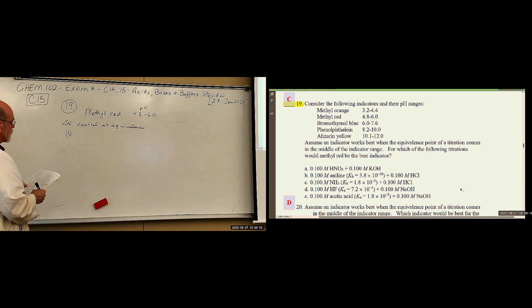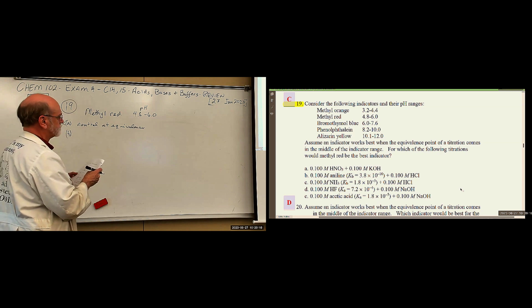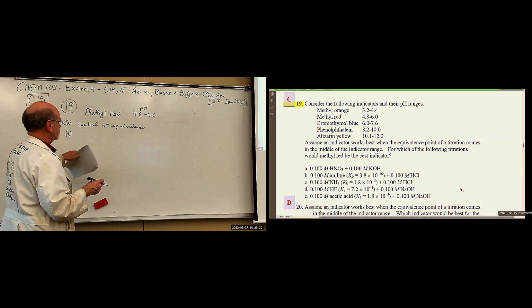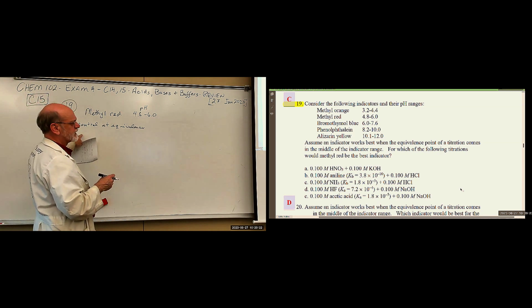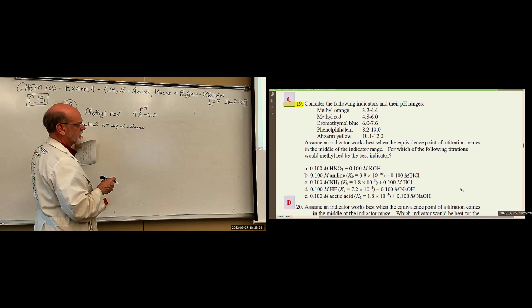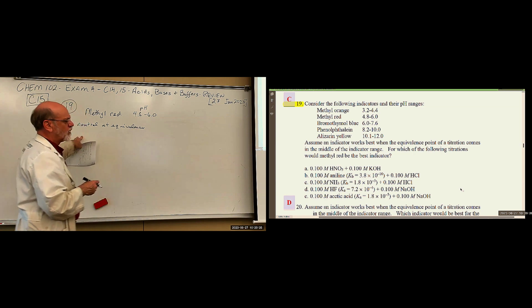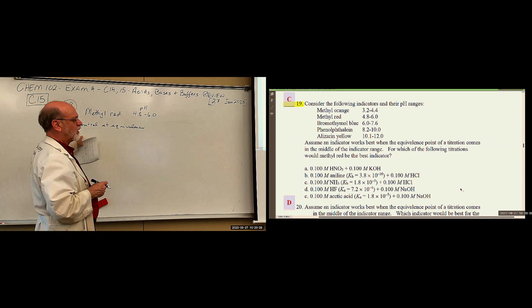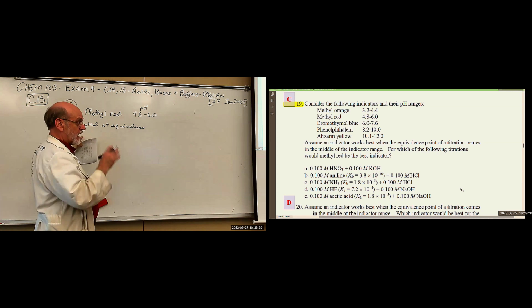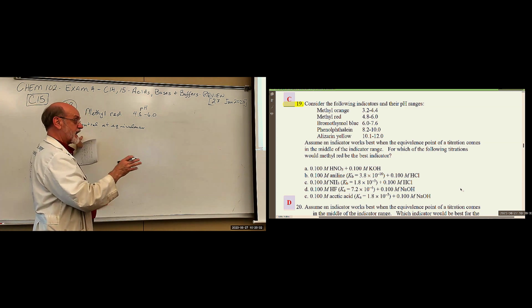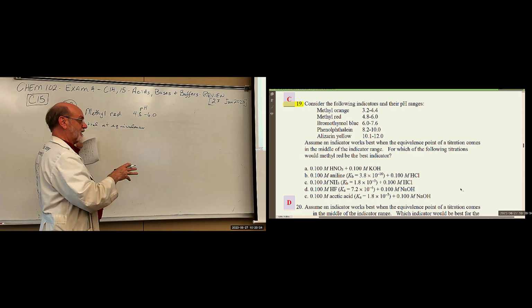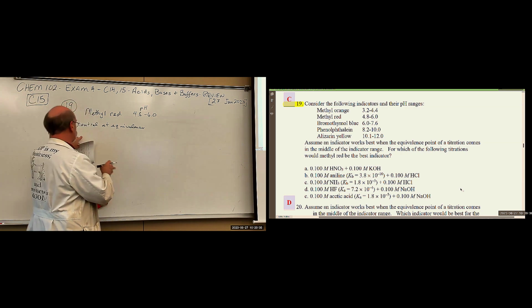All right, in order to answer this question, let's see if I can do this semi-qualitatively. 0.1 molar aniline and 0.1 molar HCl. The hydrochloric acid would completely neutralize aniline, and it would be at the equivalence point.